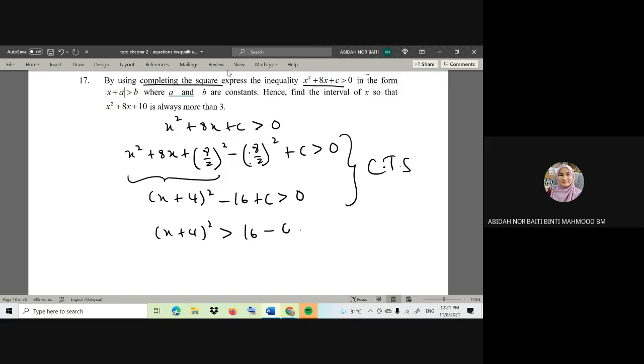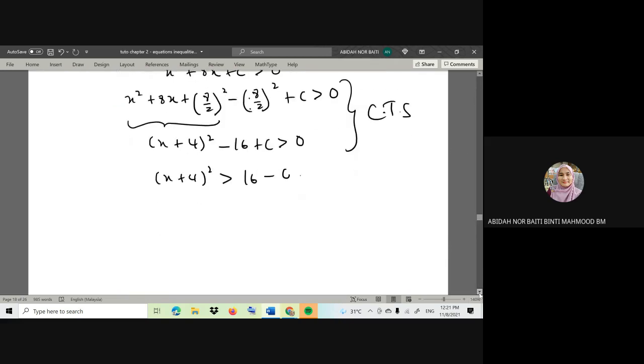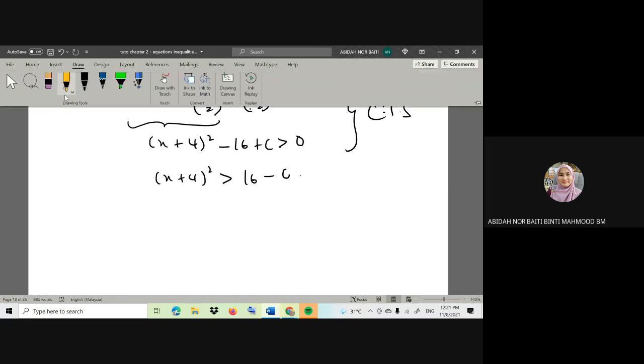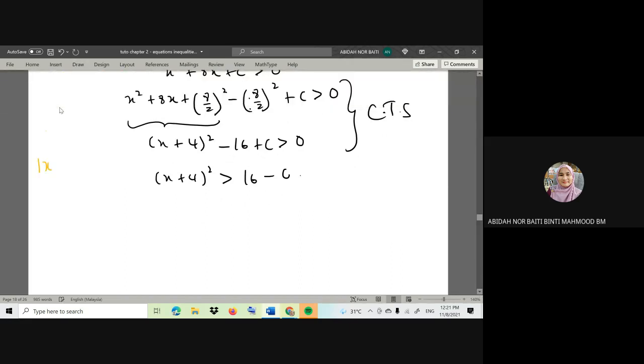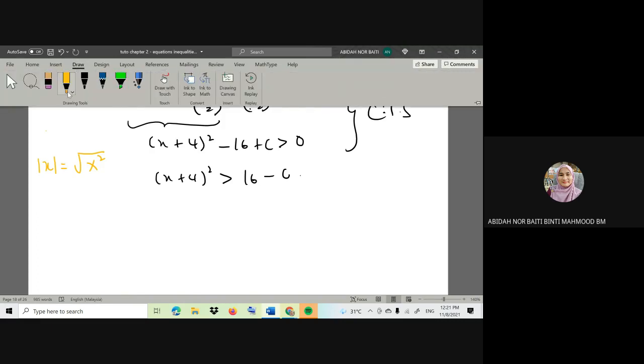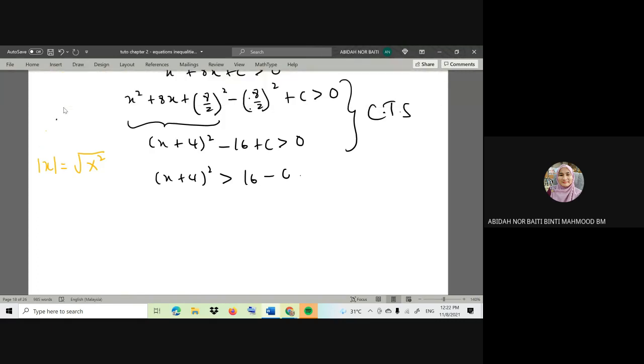Okay, so dia nak kita tukar benda, inequalities tu, quadratic inequalities in the form of ini. Okay, ada modulus tu. So use definition of modulus tadi. Apa definition of modulus? Modulus of x equal to square root of x squared. Okay, itu definition of modulus kan? So kat sini dah ada squared.